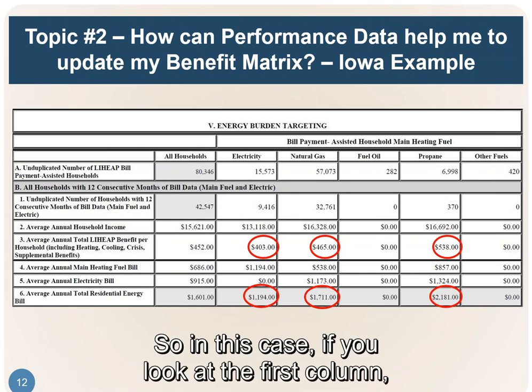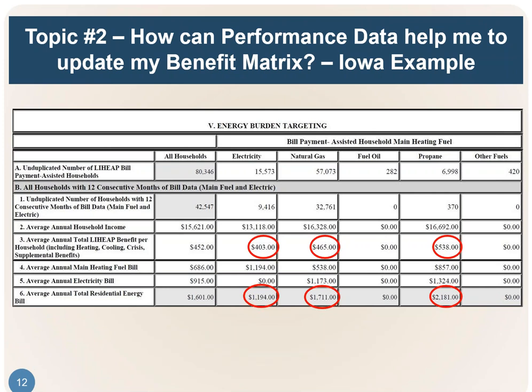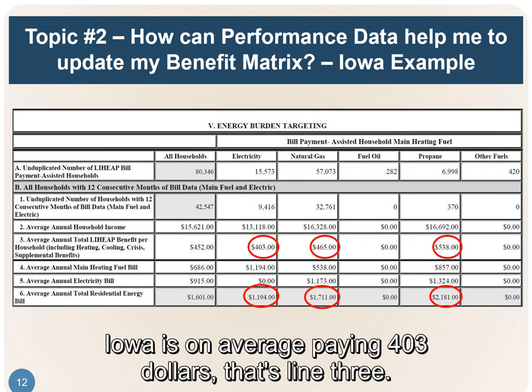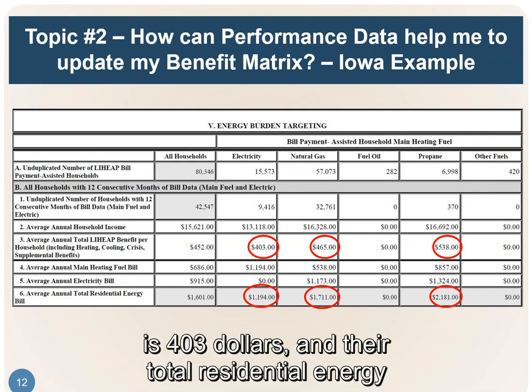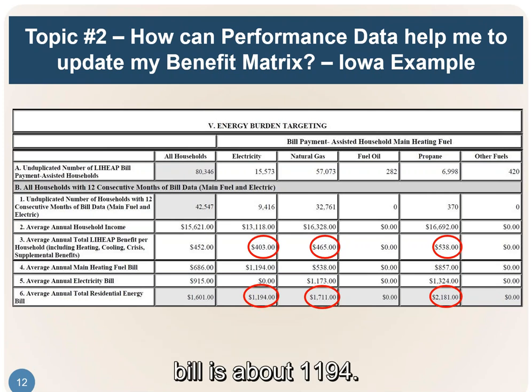So in this case, if you look at the first column, Iowa is on average paying $403. That's line 3. The average benefit for electric main heat households is $403, and their total residential energy bill is about $1,194.